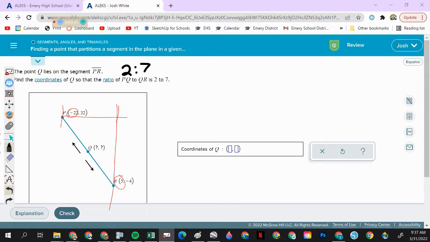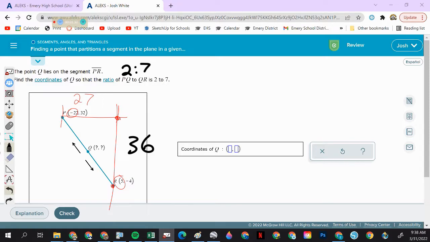That would be 27. And then how far is it from 32 to negative 4? It would be 36.